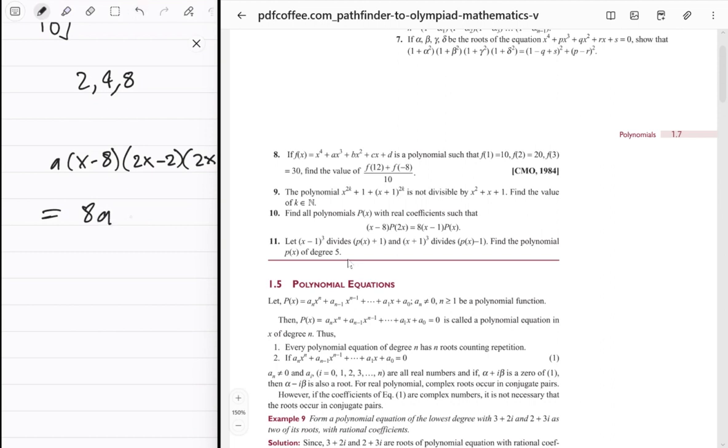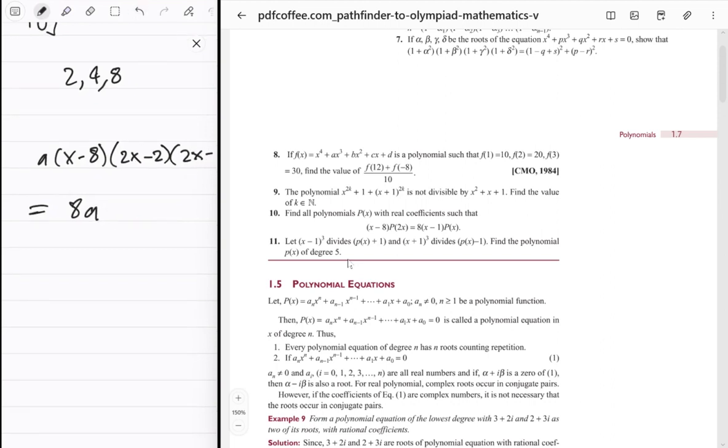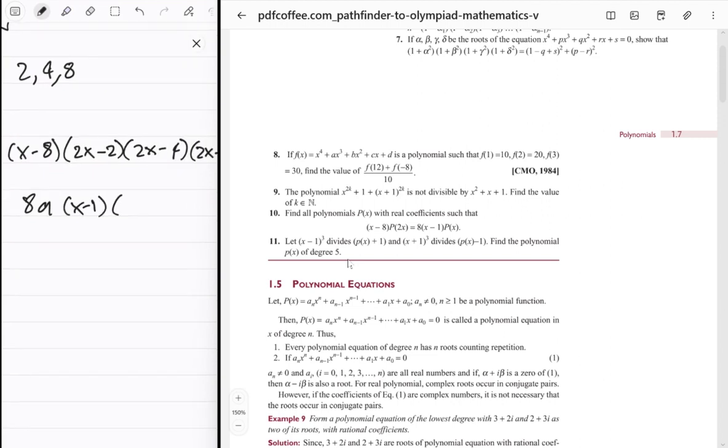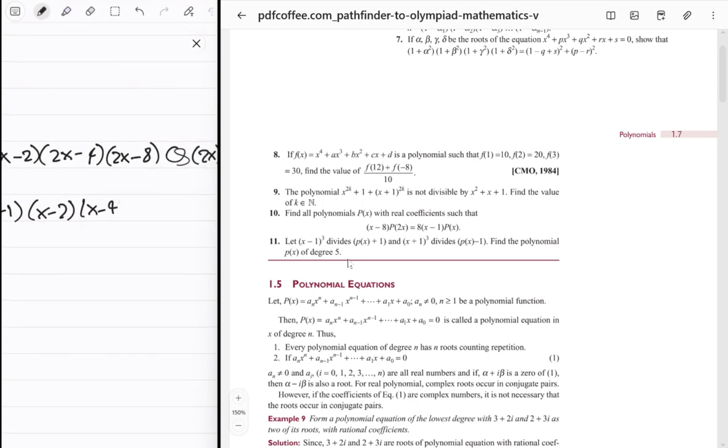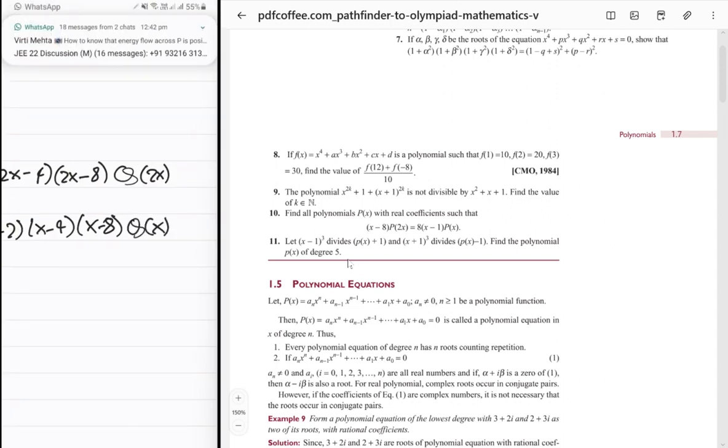And then you got x minus 1. Okay, and what else? You will just have x minus 2, x minus 4, x minus 8, and q of x.